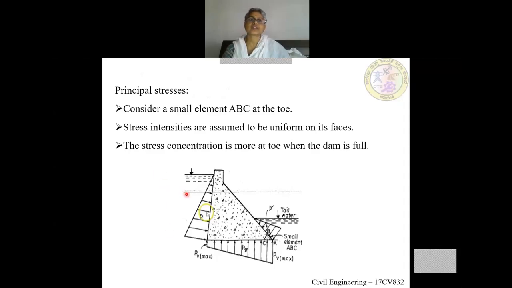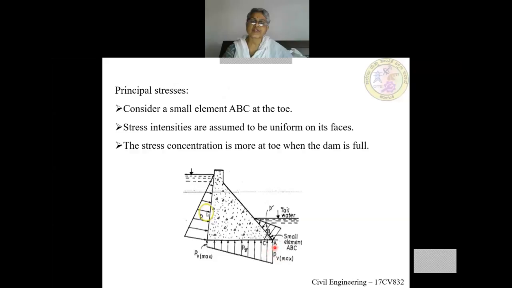For that we will consider a small element at the toe. This is the small element ABC, considered near the toe, and you can see there are three faces, AB, BC and CA, which are subjected to stresses. Face AB is subjected to a stress P dash, because of the tail water on the downstream side.